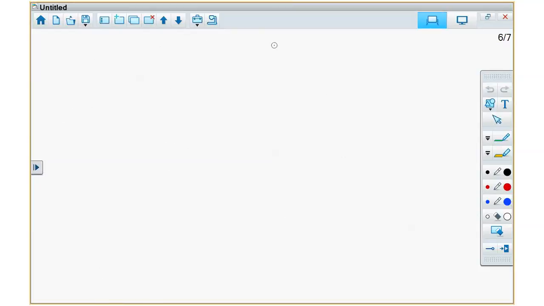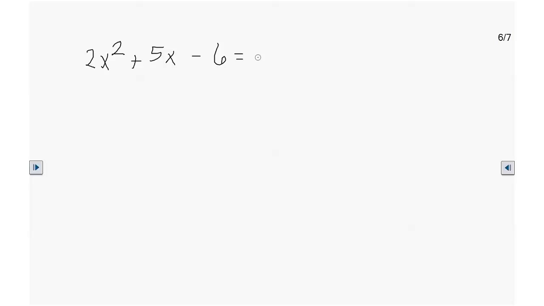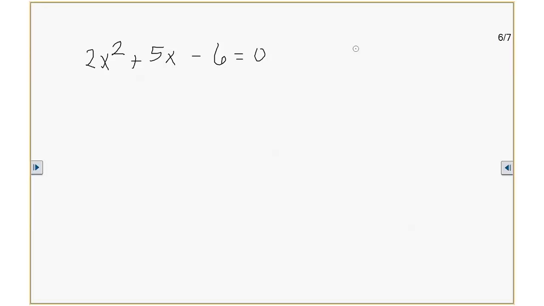Anyway, here's one that I want you to work on: 2x squared plus 5x minus 6 is equal to 0. And you have to do it without a calculator, without any decimals.